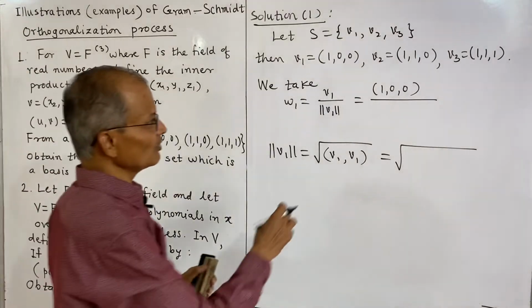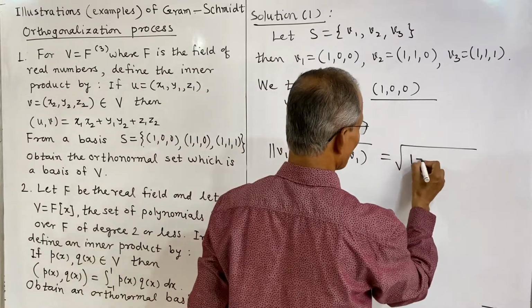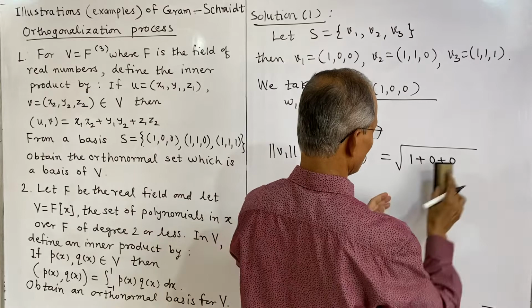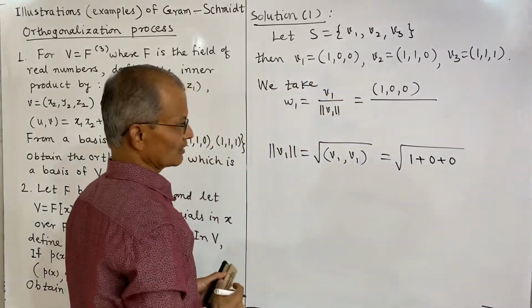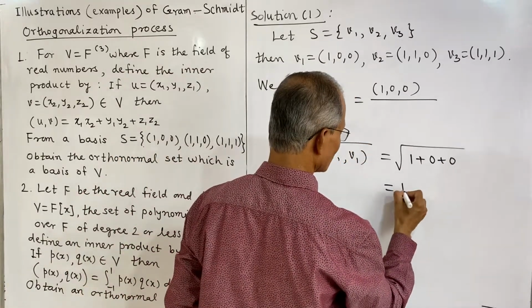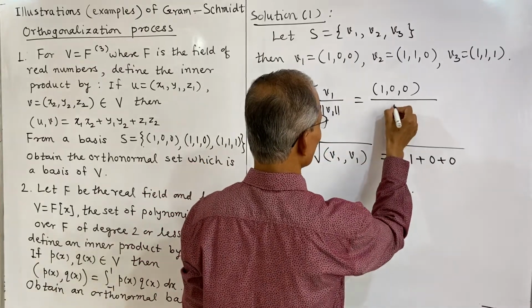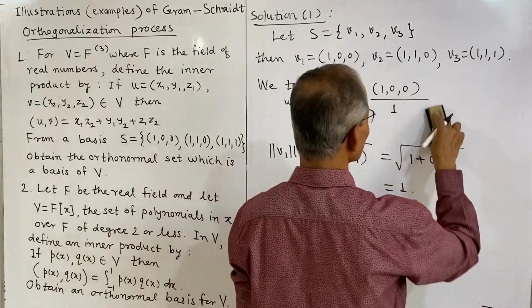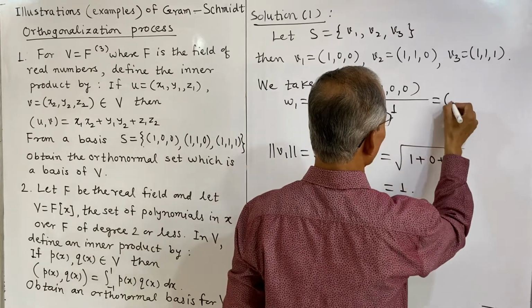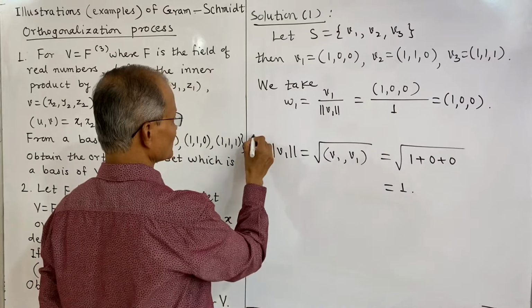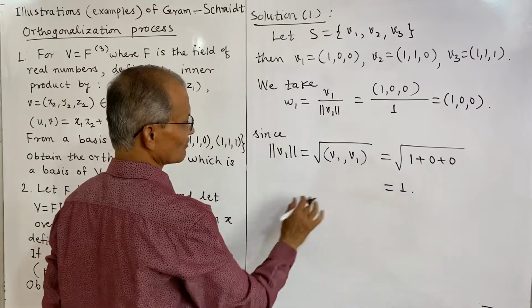So it is 1 into 1, that is 1, plus 0 into 0 plus 0 into 0, and that is equal to root of 1, which is 1. So therefore the norm of V1 is 1, and thus this vector is the same as 1, 0, 0. This is W1, since norm V1 is 1.